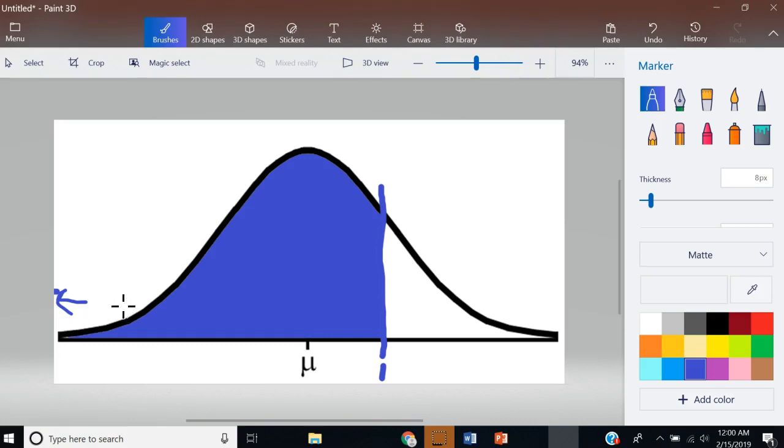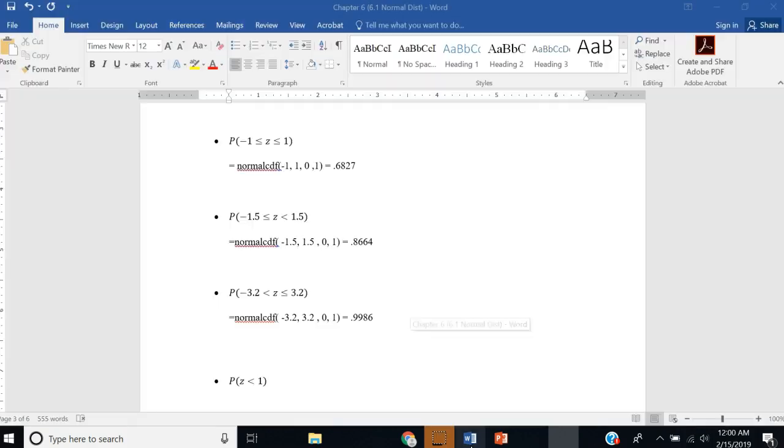So instead of writing down negative infinity for my left-hand value, we're going to write down negative some really big number. Okay? So in order to find this blue area, we're going to use our lower bound as negative some really big number. So here's what it's going to look like.